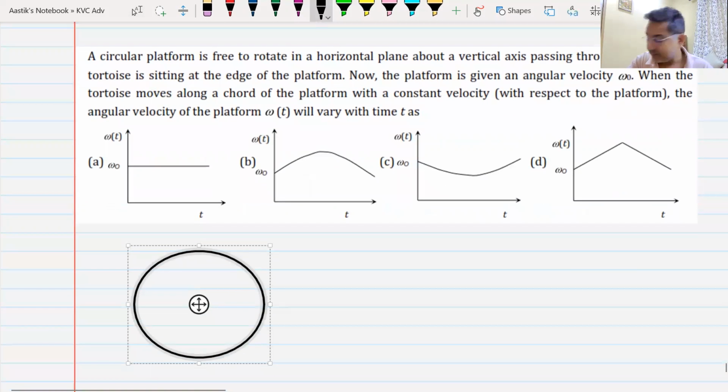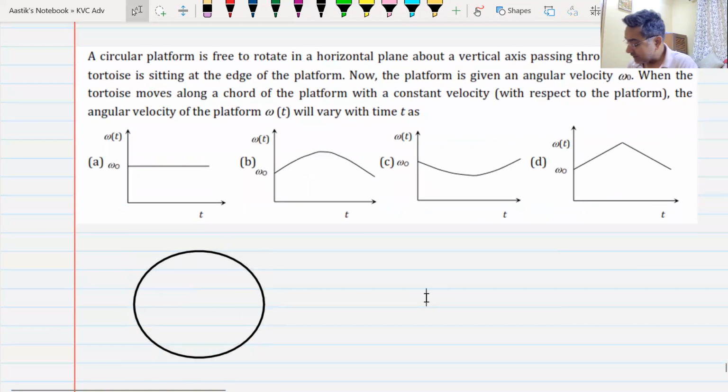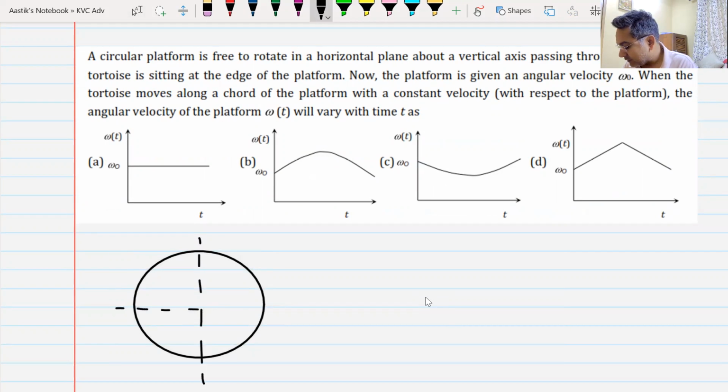This is a disk, and this disk is moving with an angular velocity omega. And this gentleman is walking along a chord. So this tortoise starts from this end and starts to move like this.